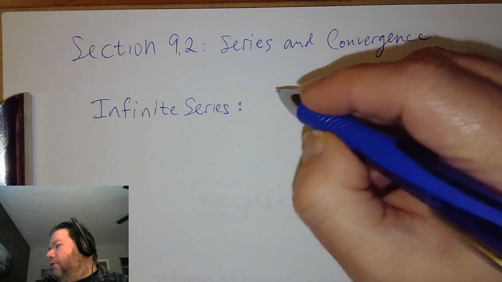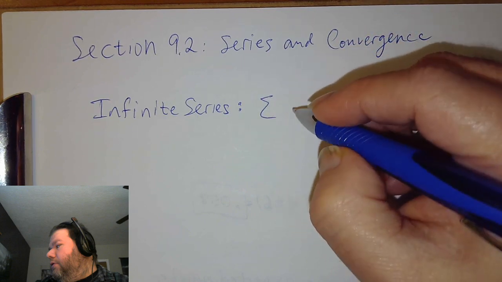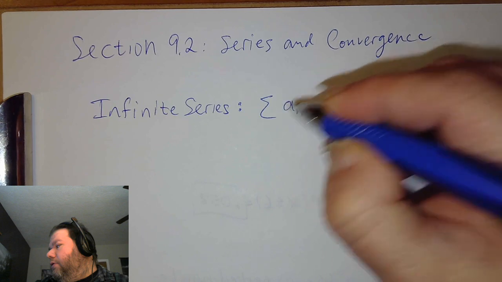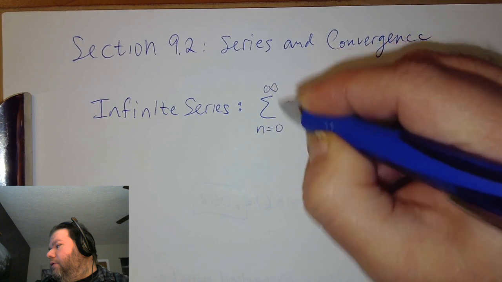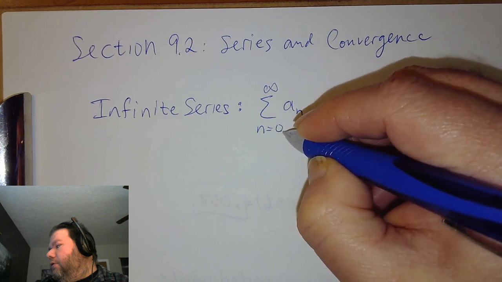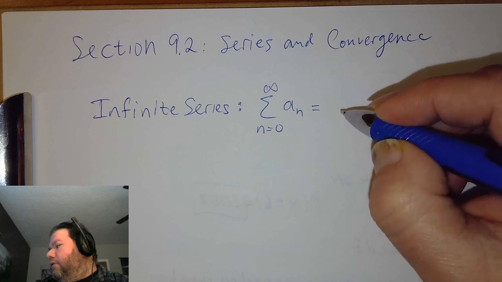An infinite series is written as a sum of a sub n, as n goes from 0 to infinity, or we could use 0 or 1 here. I prefer to use 0, the book uses 1.